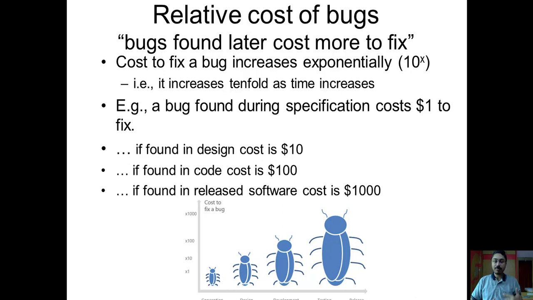If you find the bug in the coding, then again it will cost you more. And if you figure out that bug once the software has been released and is in the customer's hands, then ultimately that will cost you many more dollars. So in that proportion we have seen. It is more costly to fix the bug when the software has been released.